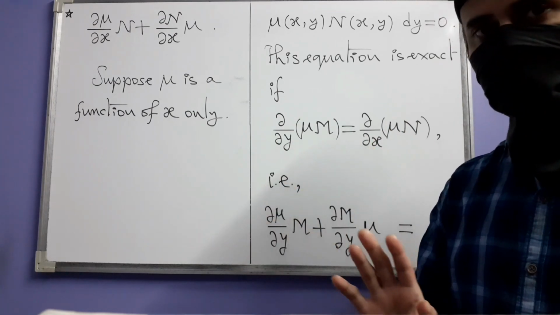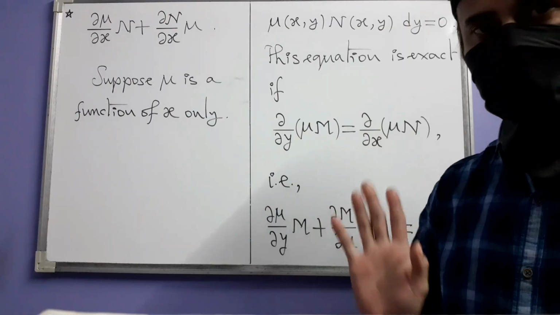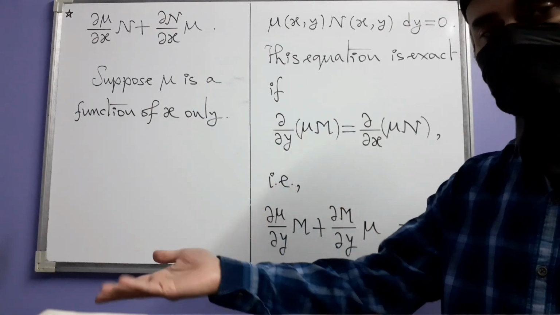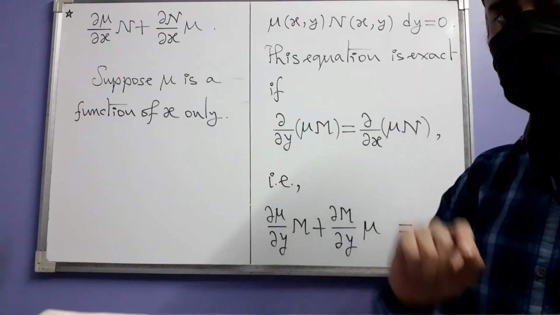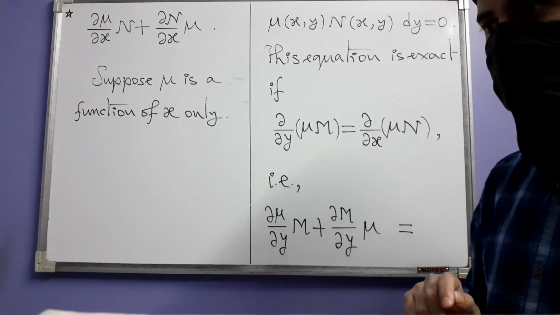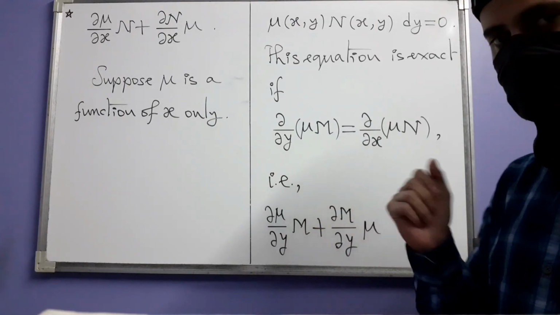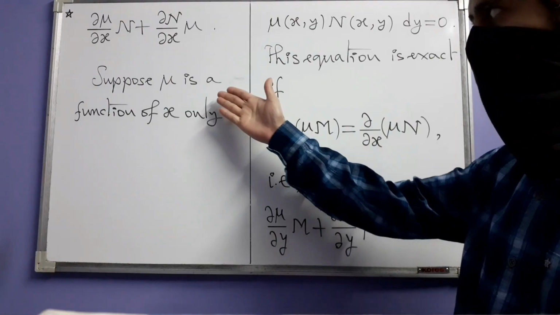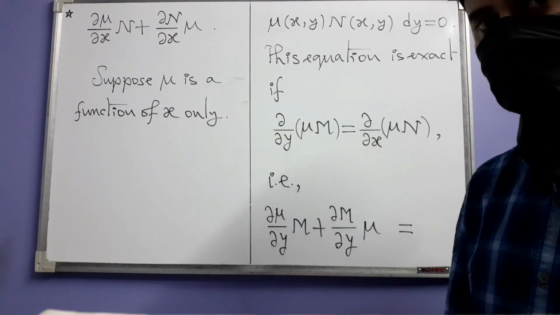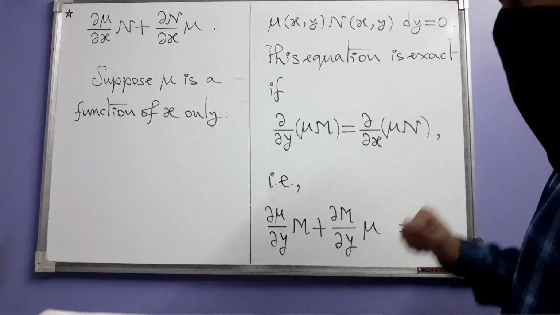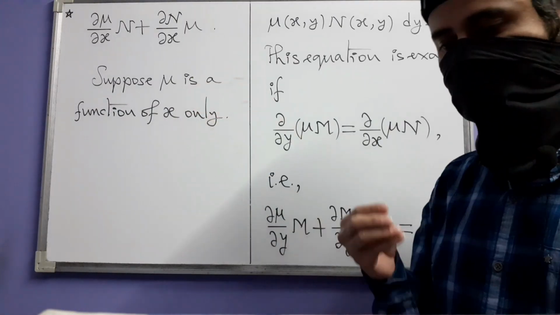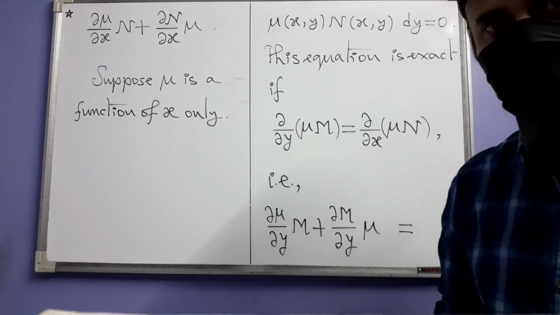We will lose the ability to solve many equations by finding the appropriate mu for that equation if we impose this extra restriction on mu. But because we cannot do anything in the general case, let us see what we get out of this simplification. Now what will the effect of this be on this equation now that we want mu to just be a function of x?